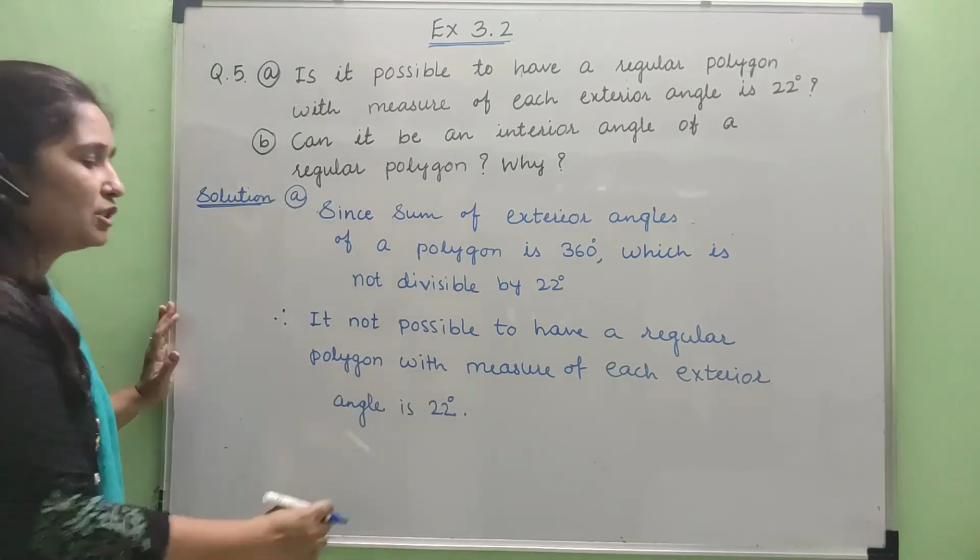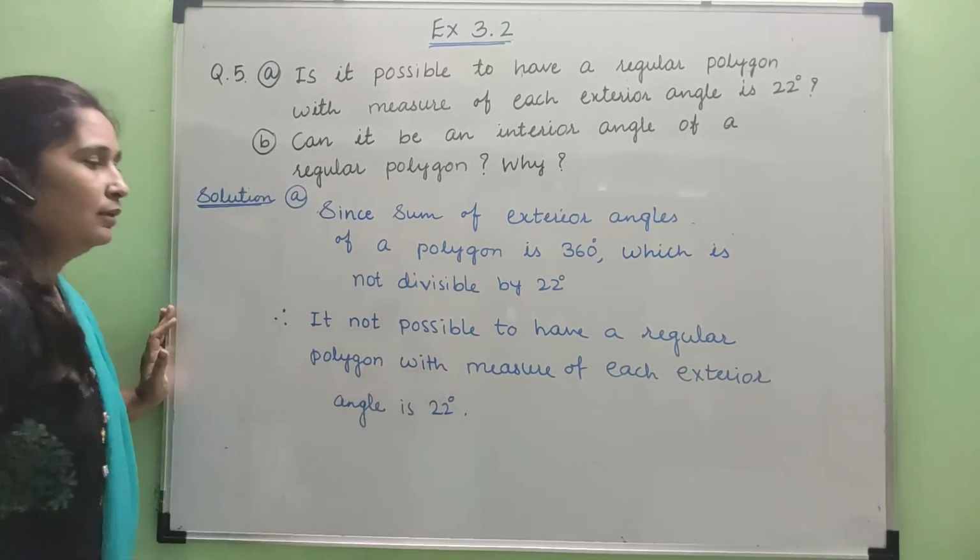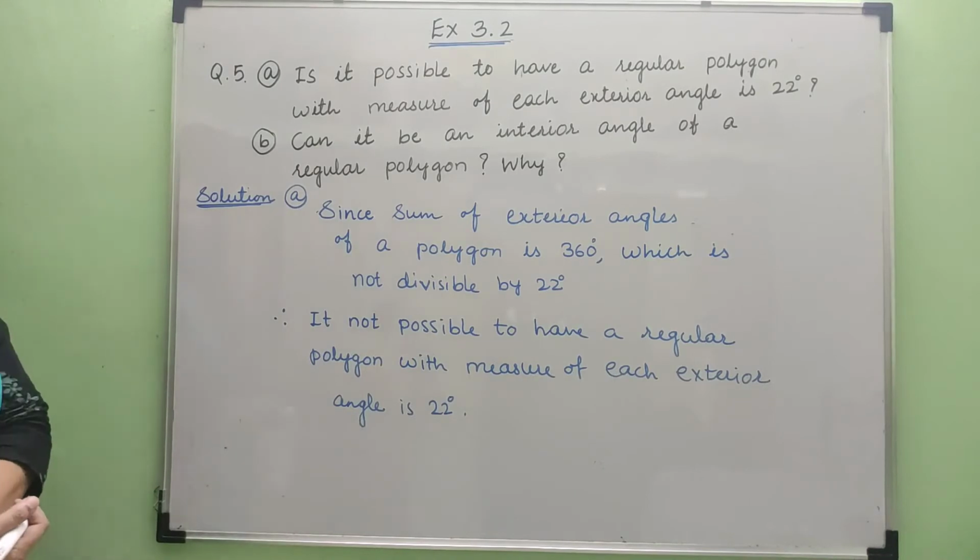So it is not possible to have a regular polygon with the exterior angle 22 degrees.